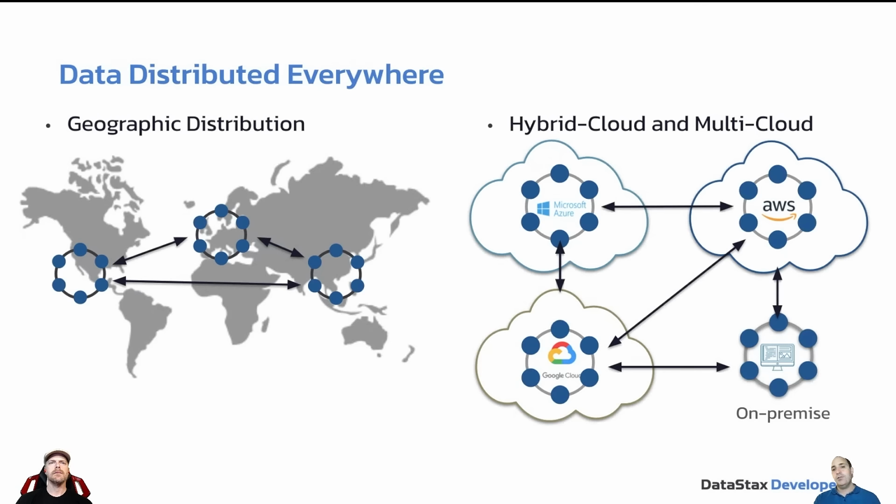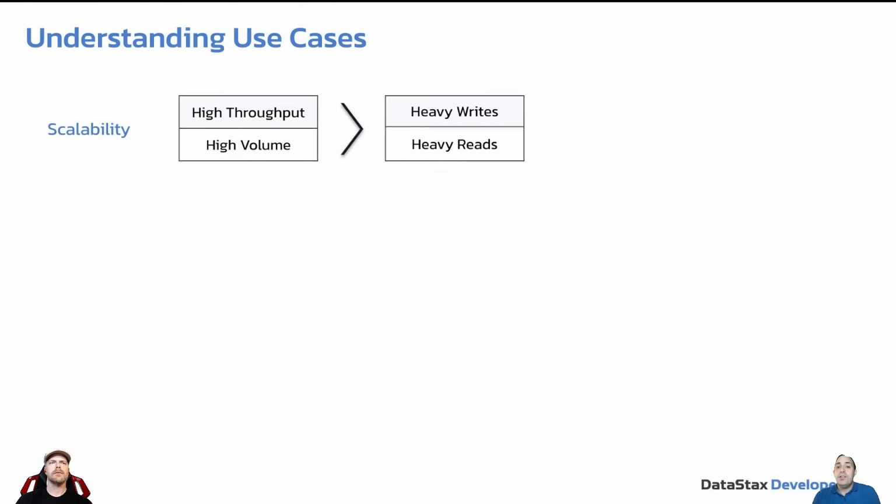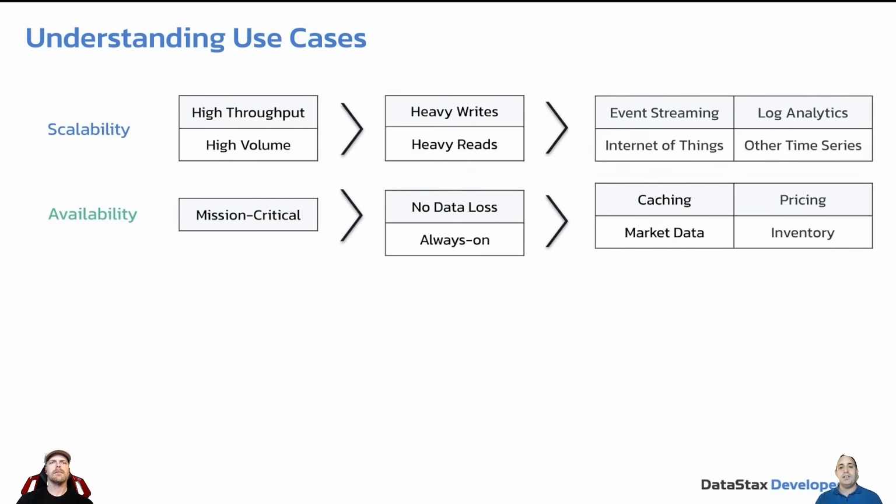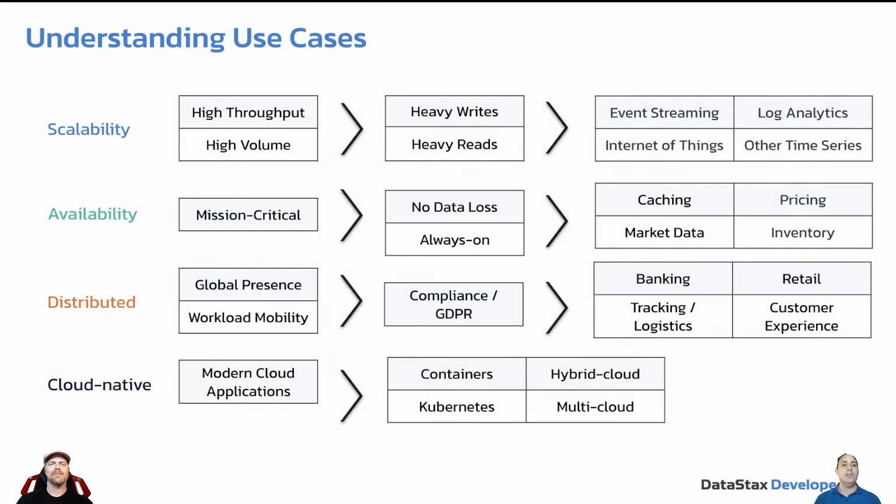So that brings us to the use cases of Cassandra. If you cross somebody in the street, say, hey, Cassandra, NoSQL distributed database, you can use that to do event streaming, Internet of Things, log analytics. Why? Because those use cases really need heavy reads or heavy writes, and it will leverage the scalability part.